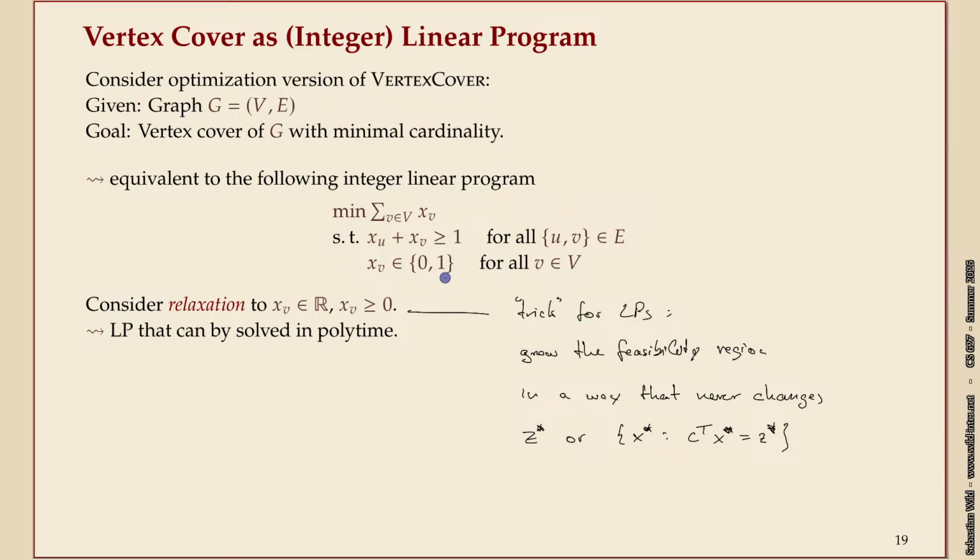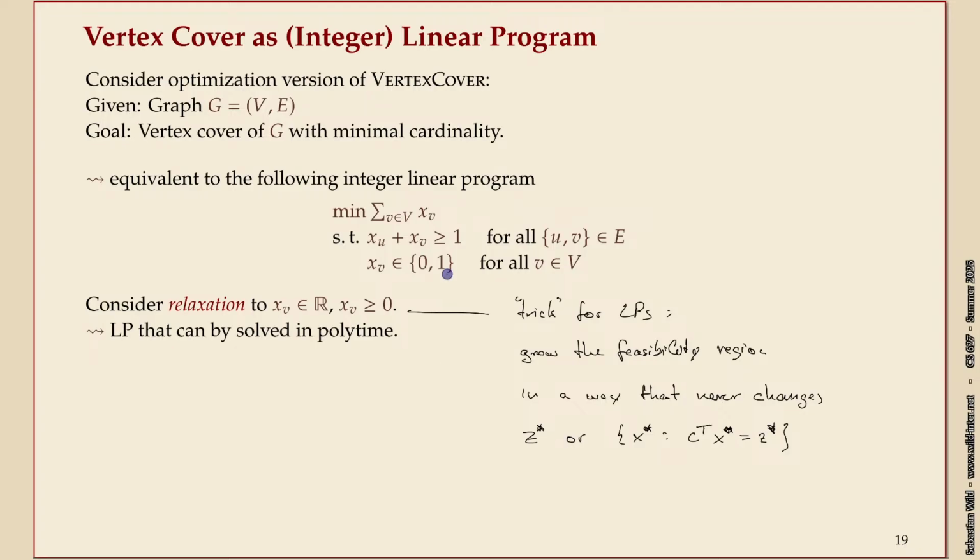So we take that linear program, minimize the sum of x_v, subject to the sum of the two endpoints of an edge being at least 1, and all variables non-negative. And throw that into your favorite LP solver. You'll get some solution back. You can prove that it will never have variables set to a value larger than 1.